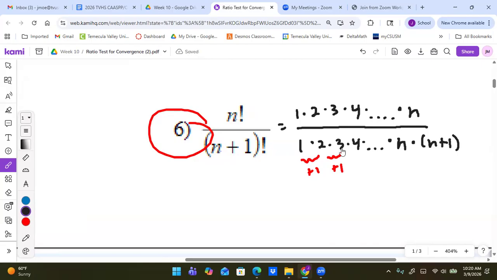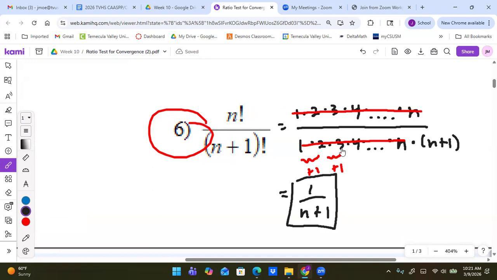So it's times n plus 1 like that. And then cancel all the way up to n. This will simplify to 1 over n plus 1. Okay? You try that out with number 7.